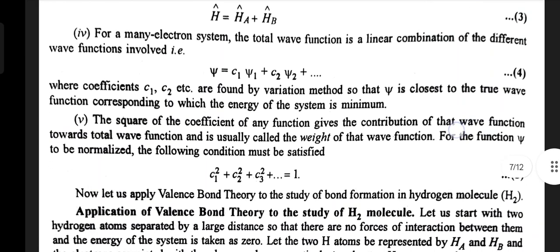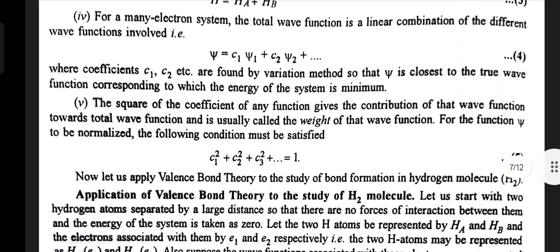Fifth point, the square of the coefficient of any function gives the contribution of that wave function towards the total wave function and is usually called the weight of that wave function. For this function psi to be normalized, the following condition must be satisfied: C1 square plus C2 square plus C3 square equals 1. This is the fifth equation.